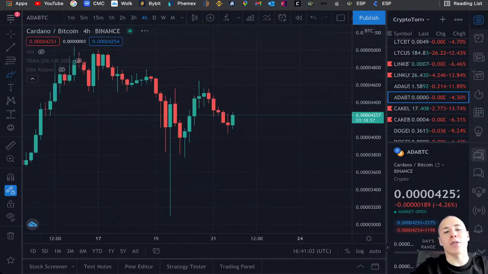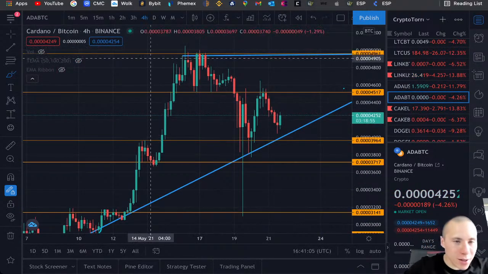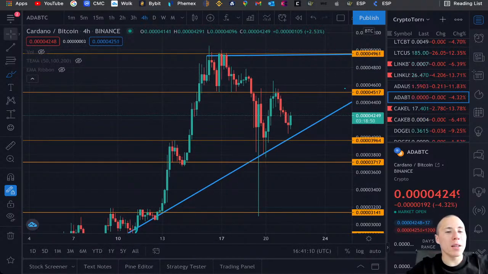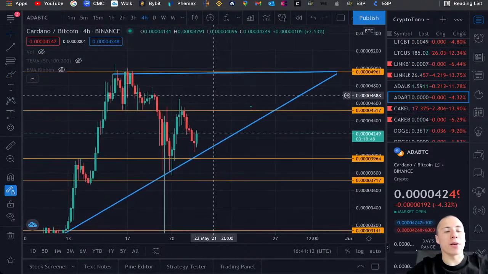Especially if we look at Cardano compared to Bitcoin, we are still seeing Cardano inside of this possible ascending triangle that is being created.